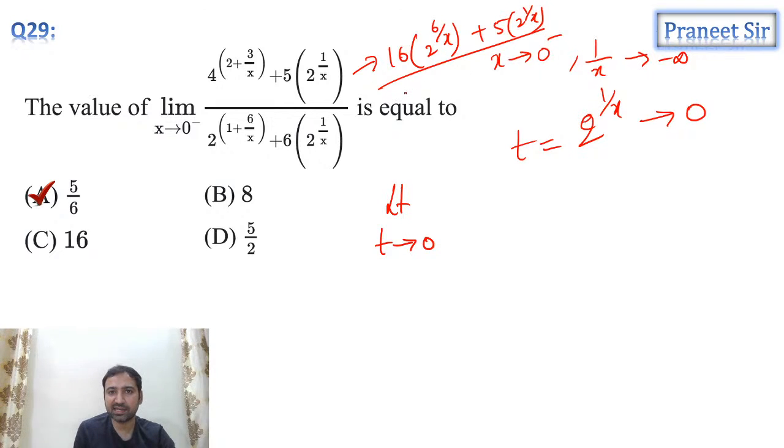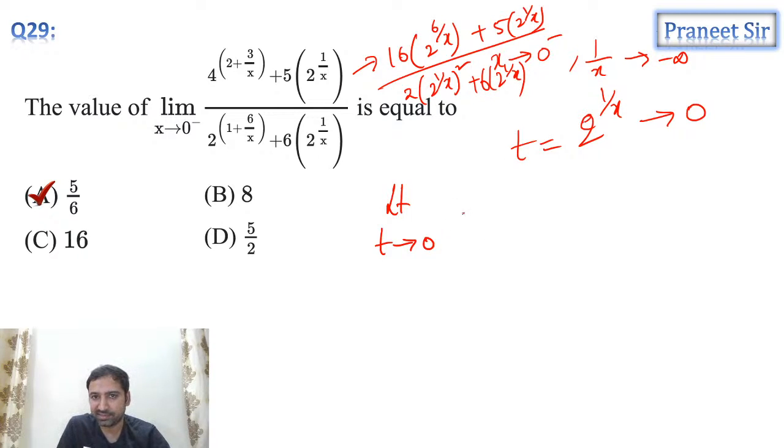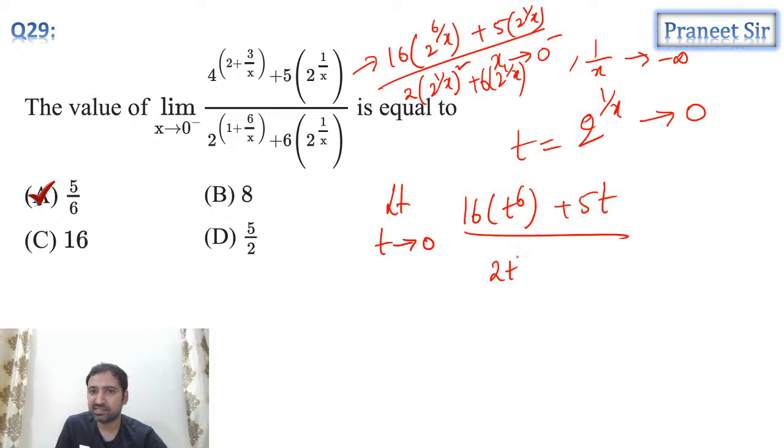Same way, the denominator is 2 into 2 power 1 by x whole square, and then plus 6 into 2 power 1 by x. So if I replace 2 power 1 by x with t, what I am getting is 16 into t power 6 plus 5t by 2t square plus 6t. That's what we're getting.